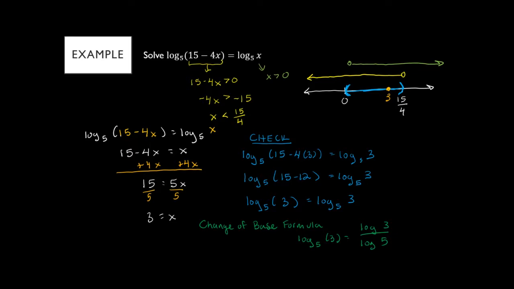So on our calculator, we know we can find the log of 3 because that's a positive number. You can take the log of a positive number. And we know we can take the log of 5. And that also works. So we don't care what the actual number is. We just want to make sure that we can actually calculate these values.